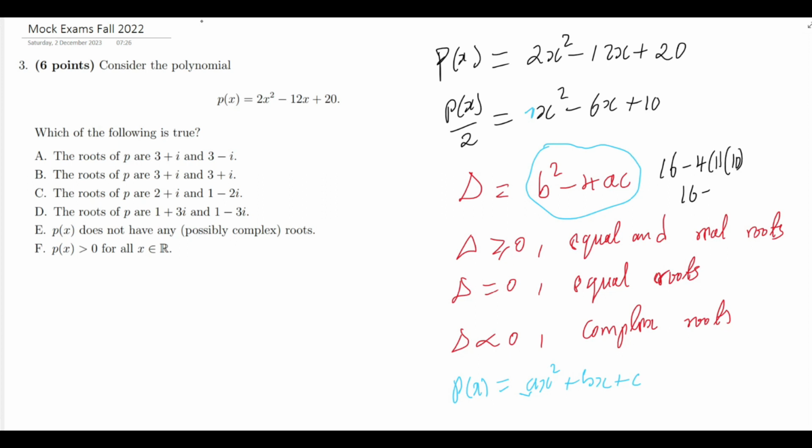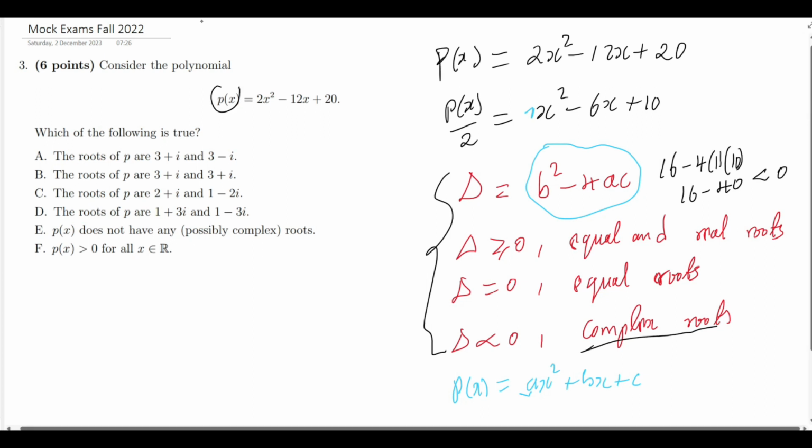Applying that here, we have minus 6 squared, which is 36, minus 4 times 1 times 10, so we have 36 minus 40. Clearly this value is less than 0. According to our properties, therefore, it contains complex roots.